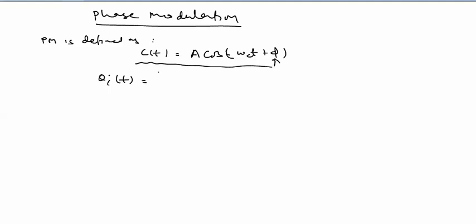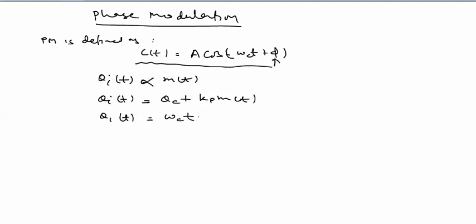I write the expression for that. Instantaneous carrier phase is proportional to m(t). Removing the proportionality constant, we can write it this way: basic phase is omega c t plus kp m(t).